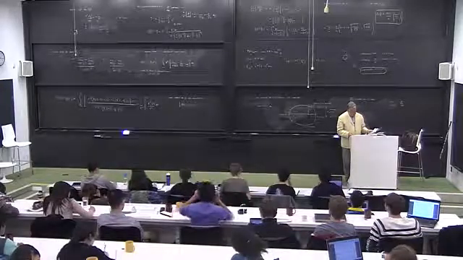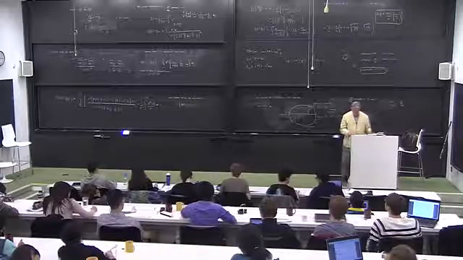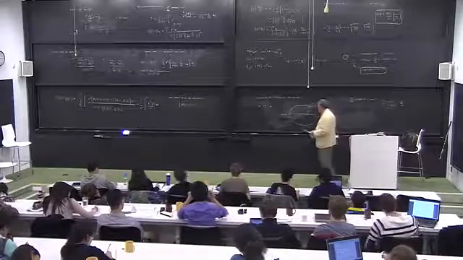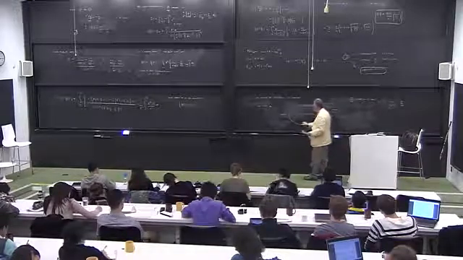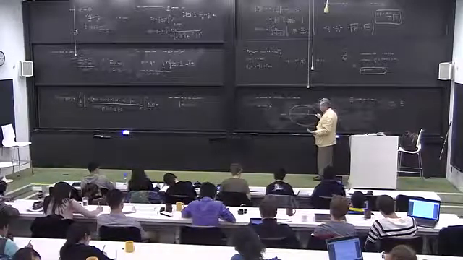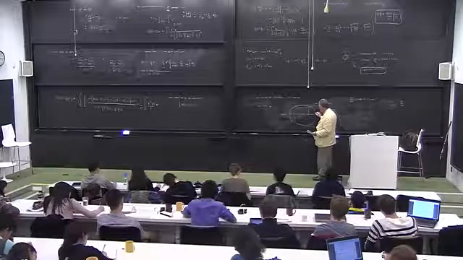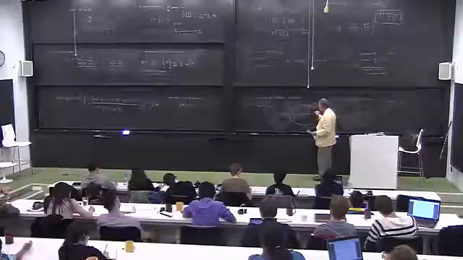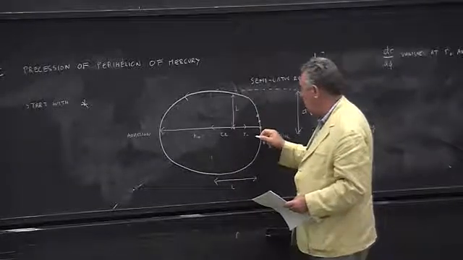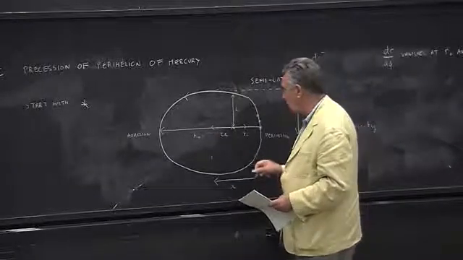And the amount by which it's not an ellipse tells us that Mercury is going around the Sun in this direction. The next time it comes round, the perihelion will have moved forward a little bit. And the next time it would move forward a little bit because it's not a perfect ellipse.